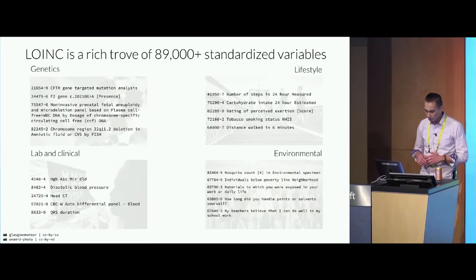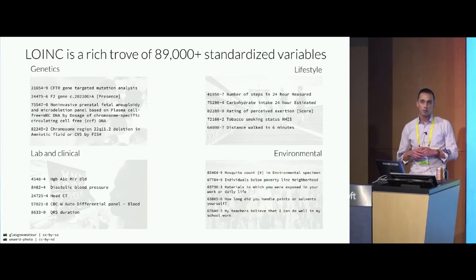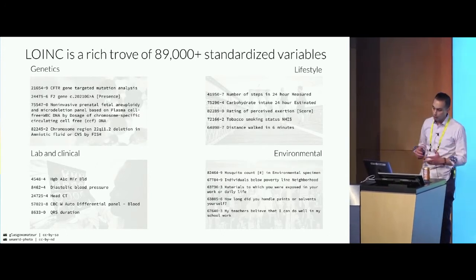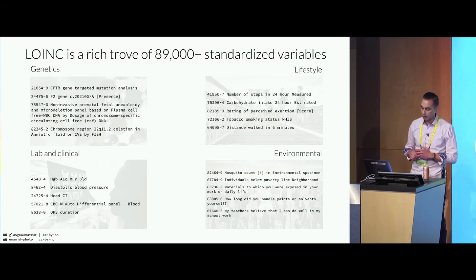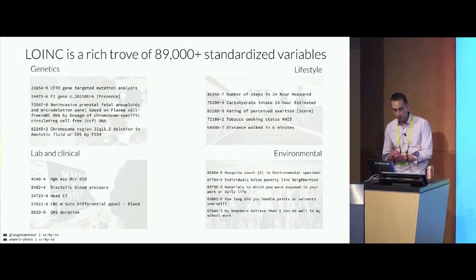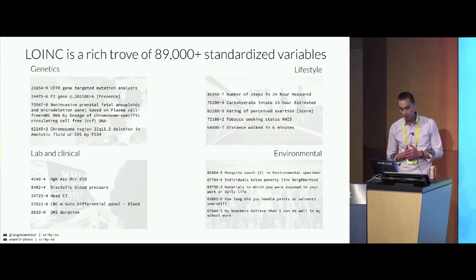So certainly there's a huge set of codes around molecular pathology, genomic reporting. If you listen to some of the sessions on clinical genomics, you'll see what role LOINC plays there.